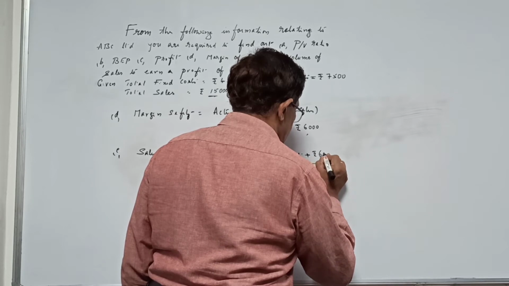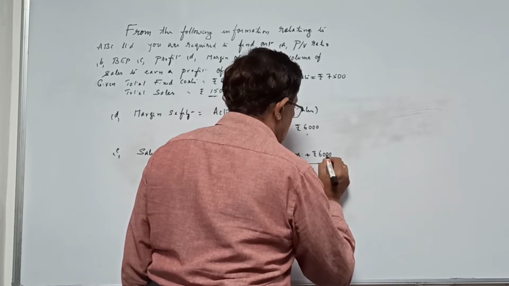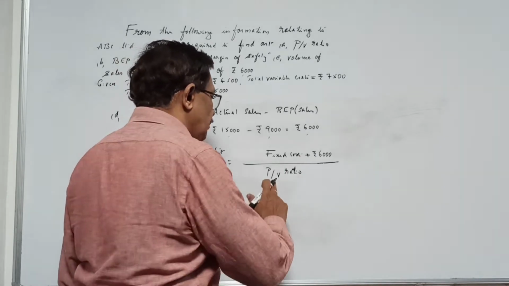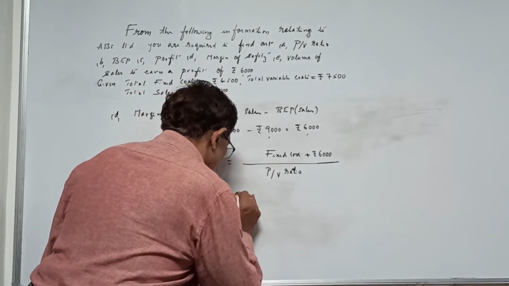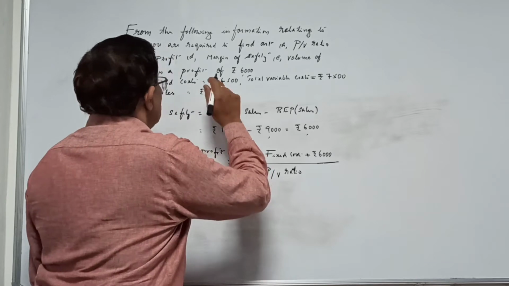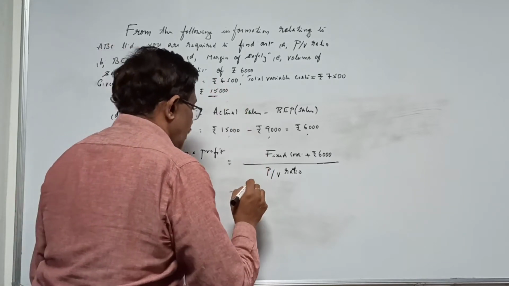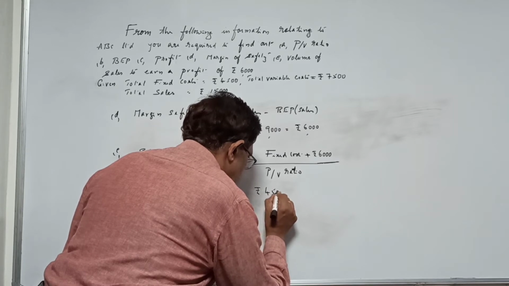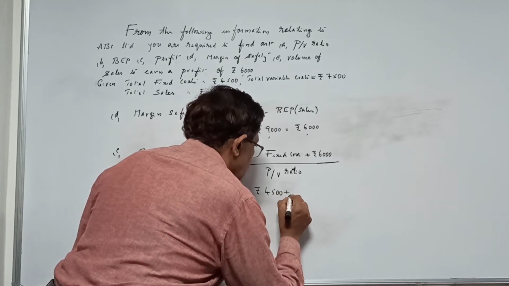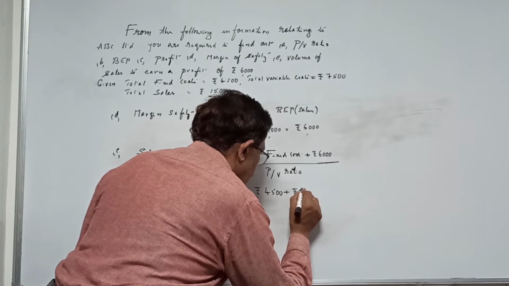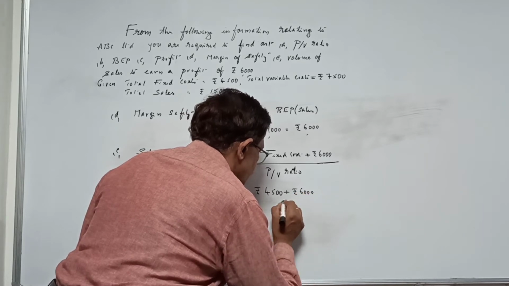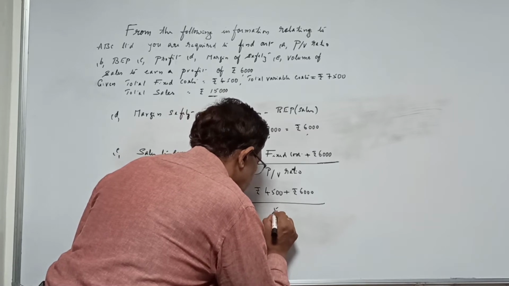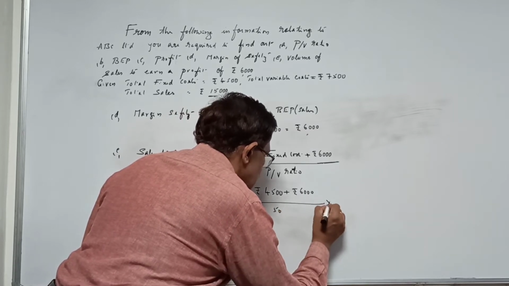Then I am going to take here the target profit: fixed cost plus the target profit divided by PV ratio. We know that here we are given fixed cost as rupees 4,500 and the profit required is 6,000 and the PV ratio is nothing but 0.5 or 50%.